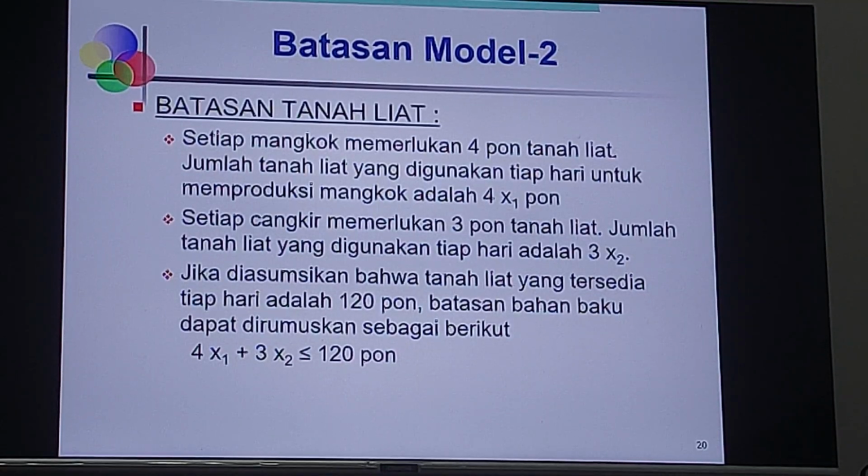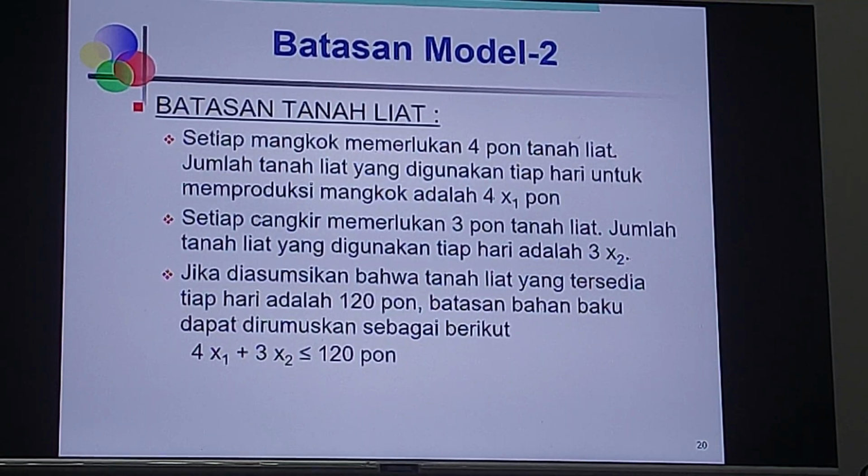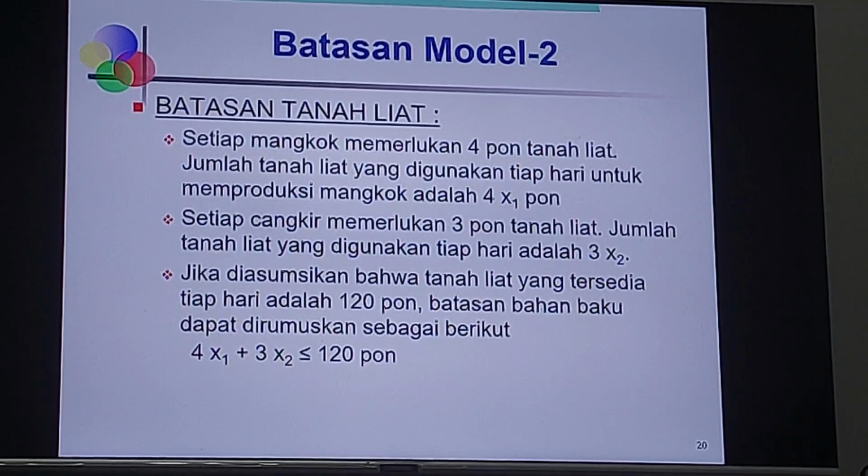But then, can it be negative? If we put negative 10 for x1 and negative 20 for x2, will it still satisfy this equation? It's still satisfied. It only says less than or equal to 120.